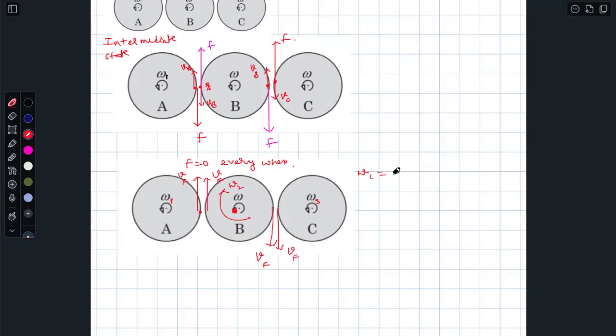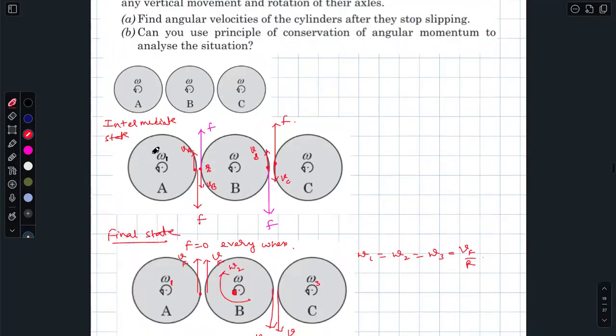So clearly omega 1, omega 2, omega 3 is nothing but v final by r. That is one important observation. Now this is a final state. So please confirm, have you understood the migration from intermediate stage to final state? Yes or no? Clear? Next.